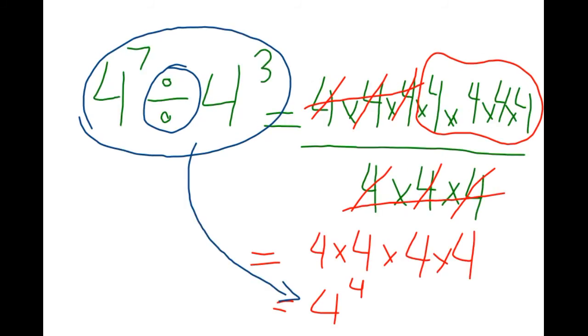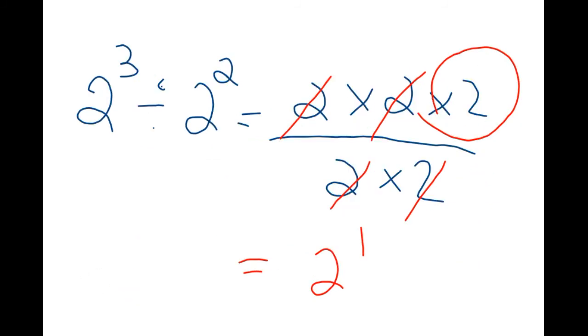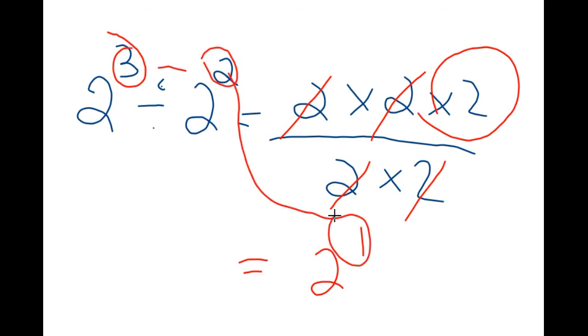Now in this question, what we see is that 4 to the power of 7 was being divided by 4 to the power of 3, and there is a relationship between 7, 3 and 4 in this case. We can see that 7 minus 3 makes 4, and in this one as well, 3 minus 2 makes 1, and both had the same bases.